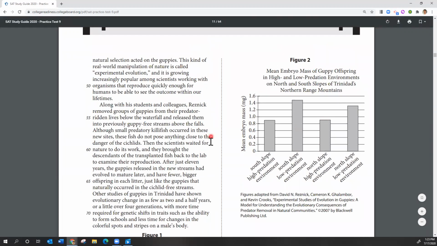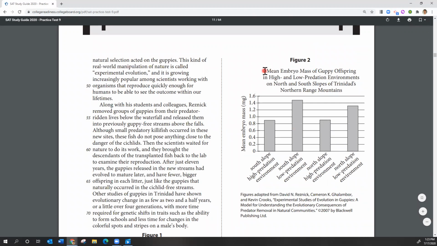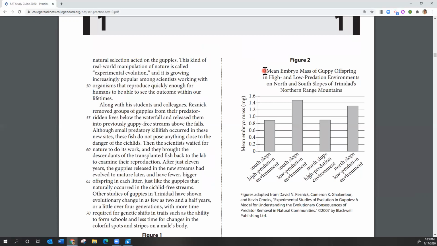Similarly, here we need to see, okay, the mean embryo mass. So, what's the average weight, for lack of a better word? Mass and weight are obviously not the same, but for purposes here, we can kind of assume that. And we have, again, the variation doesn't seem to be between north and south, but rather between high predator environment and low predator environment.